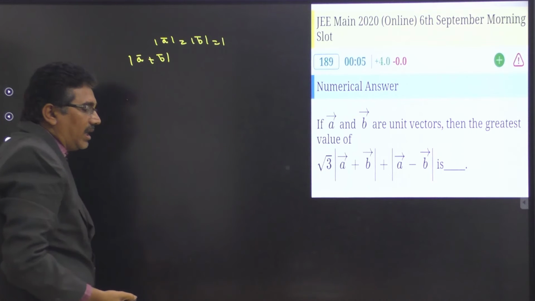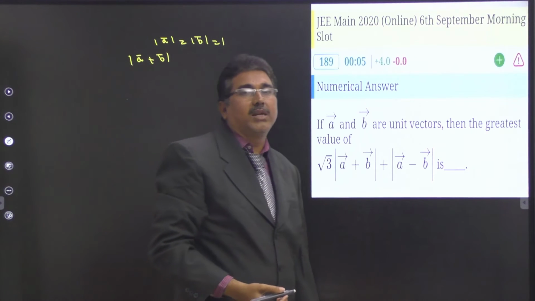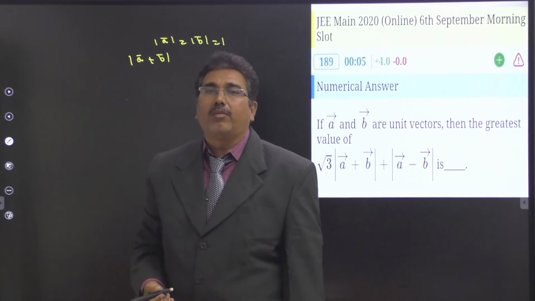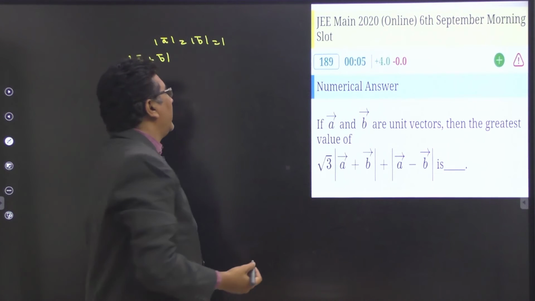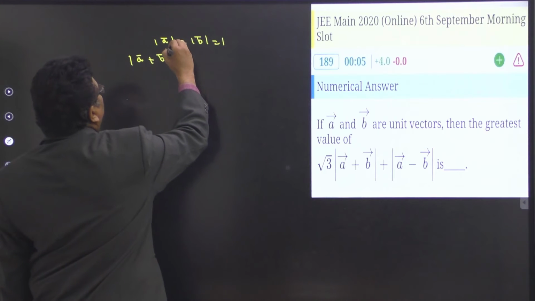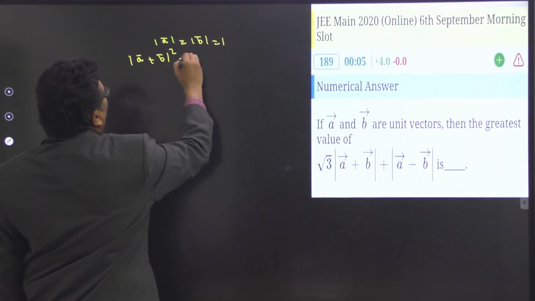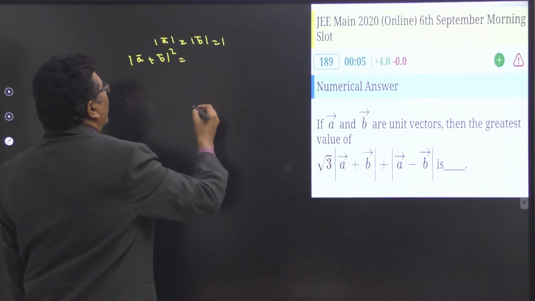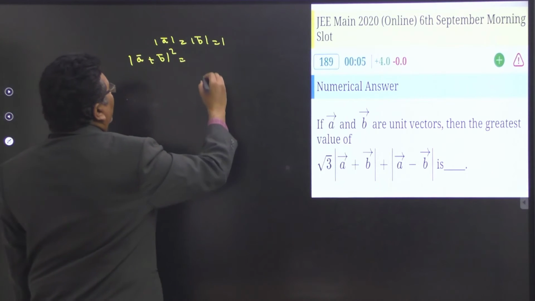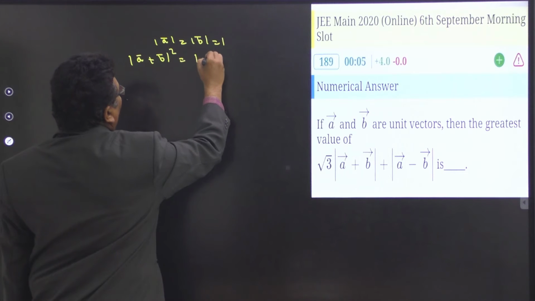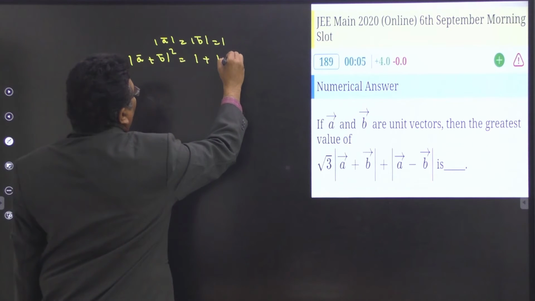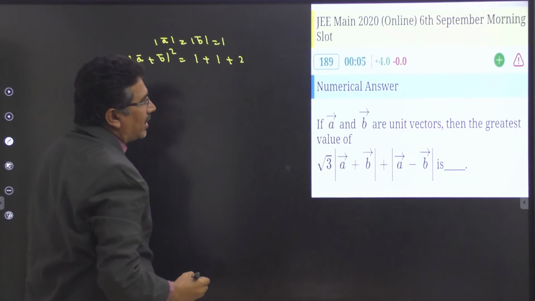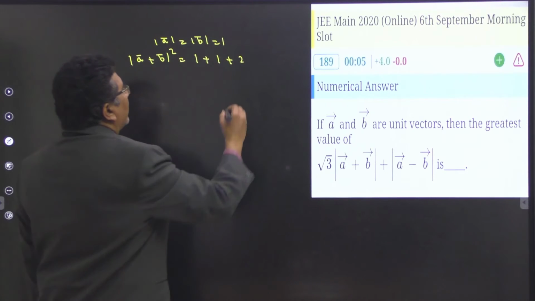For calculating modulus of A bar plus B bar, always consider the square of that magnitude. Always consider modulus of A bar plus B bar whole square. That is equal to, from the formula, mod A bar square 1, mod B bar square 1, plus 2 into A bar dot B bar.